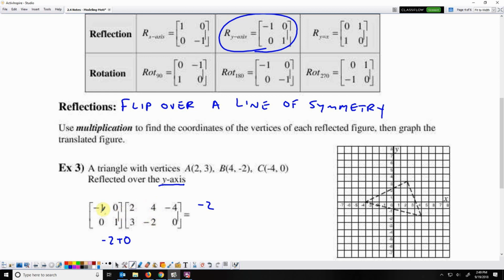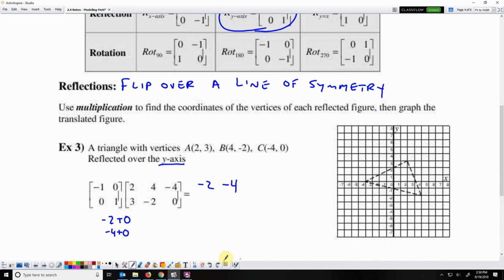Okay, then the first row by the second column, negative 1 times 4 and 0 times negative 2. Okay, first row by third column, negative 1 times negative 4 and 0 times 0.